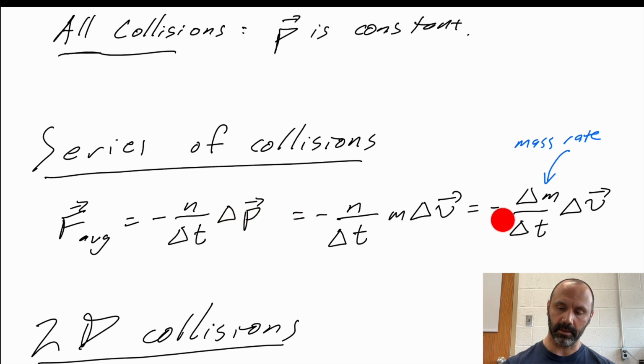That means that m times the number of particles is going to be the total change in mass. Right? And so this is like the mass rate, the rate at which mass is hitting the object, and then that times delta v. This is going to give you F average. Notice how the units work out, right? Meters per second divided by seconds, meters per second squared times kilograms. So it all works out.